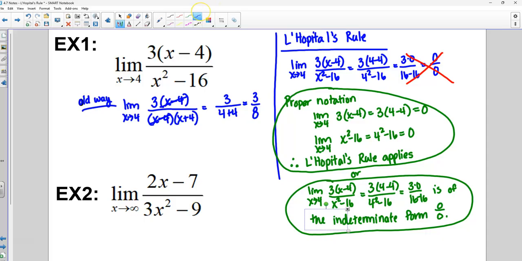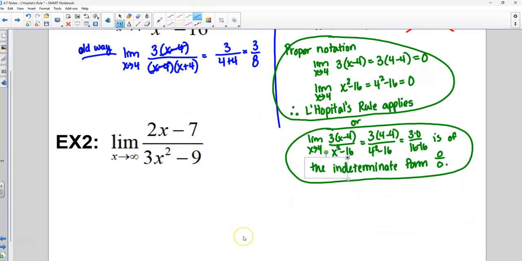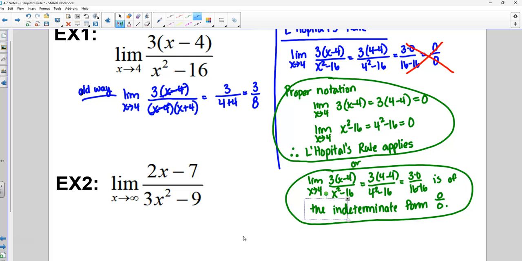The actual solving of the problem, here's what you are going to do. You are going to do limit as x approaches 4. Now this time I am going to distribute that 3x minus 12 over x squared minus 16. And then this is going to equal the limit as x approaches 4.